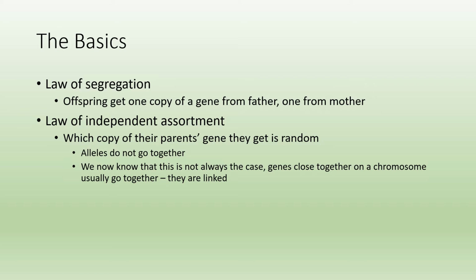So if you have a child, and you give that child the copy of chromosome 1 you inherited from your father, that has no impact on whether you give that child the copy of chromosome 2 that you got from your father or not. Which copy of the chromosome you pass on is a completely random process.